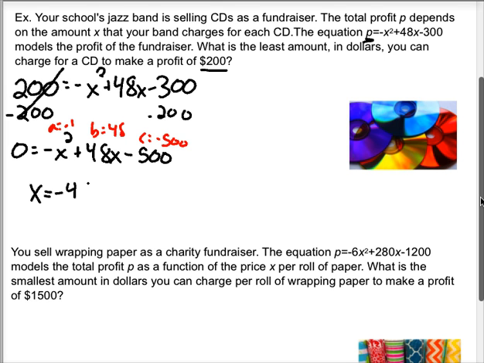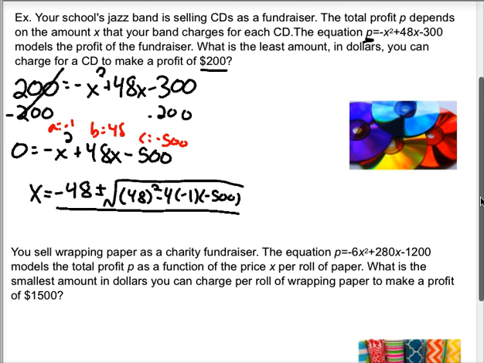So negative B plus or minus the square root of B squared minus 4 times A times C, all over 2 times A. And remember, the first piece that we want to simplify is that piece inside the radical, that discriminant. So that's what I'm going to type into my calculator.